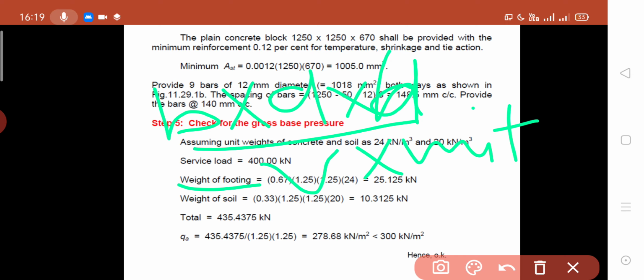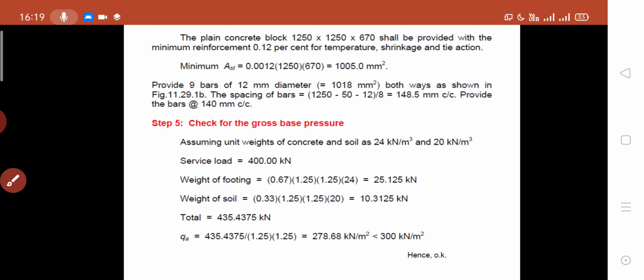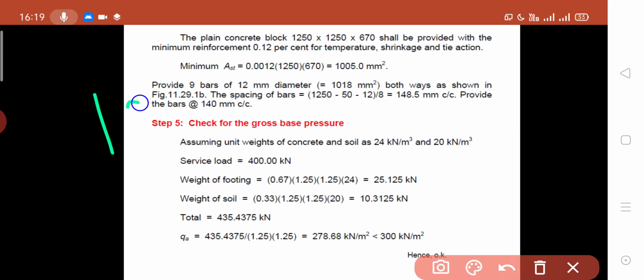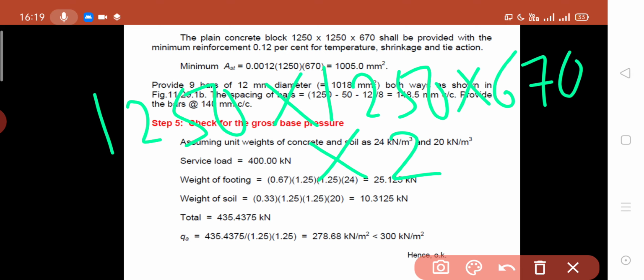So the footing volume we discussed is 1250 into 1250 into 670, and the unit weight of concrete is 24.